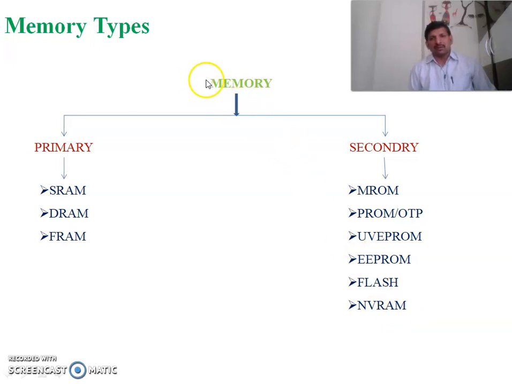Memory used for storing information, based on its life, stores the data temporarily or permanently. That is two types: the first is primary memory, the next is secondary memory. In primary memory, the data will be erased whenever the power is off. In secondary memory, the data is stored permanently.